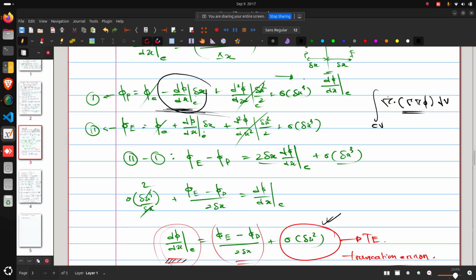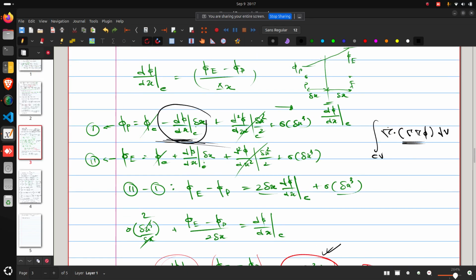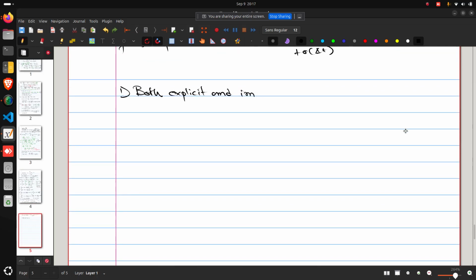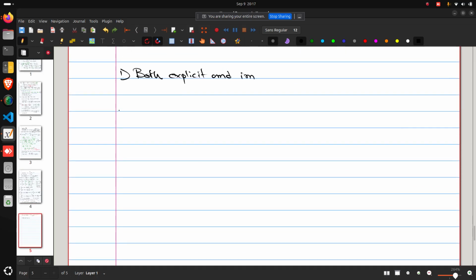This part means the derivative is a spatial derivative, and it comes from the spatial volume integration that we have done. But in this case we are not doing the spatial discretization. We are just interested in the temporal integration.